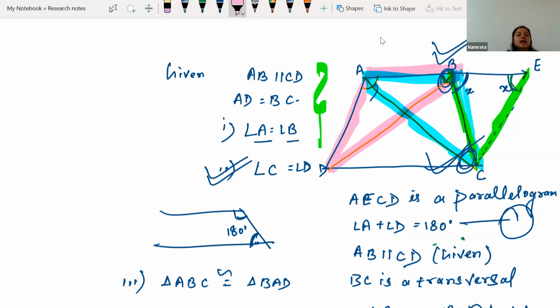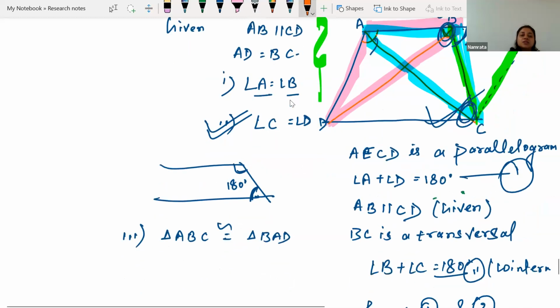This one, the sky triangle and the pink triangle, both the triangles we have to show are congruent. AB, you can see that is a common side over there. So we can write AB and AB are common side.